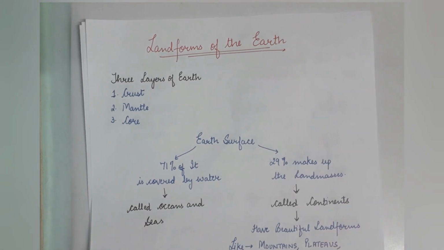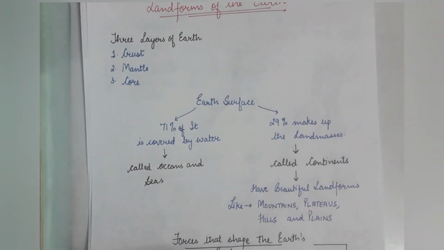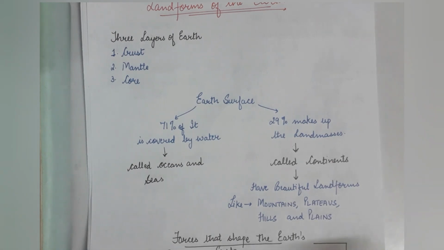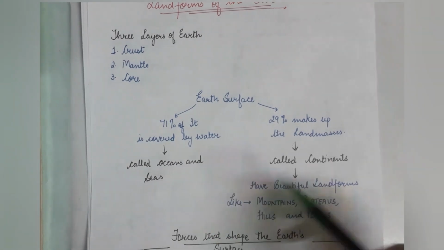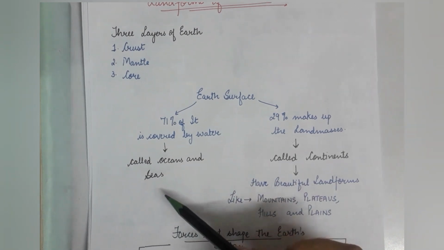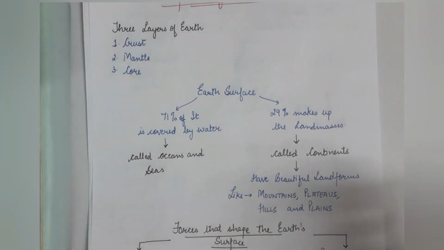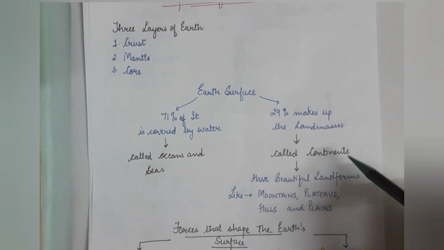Next, we will be talking about the earth's surface. As you know, our earth's surface has 71% water, and the water areas are known as oceans and seas, while on the other hand only 29% of the area is land masses.